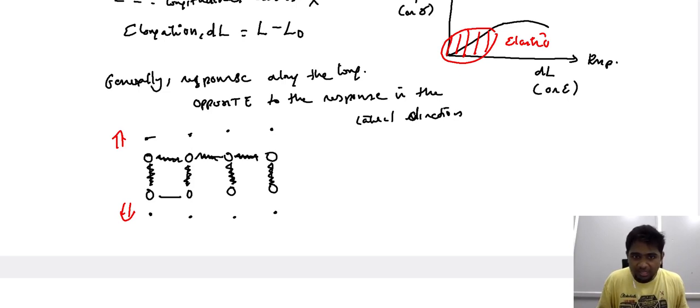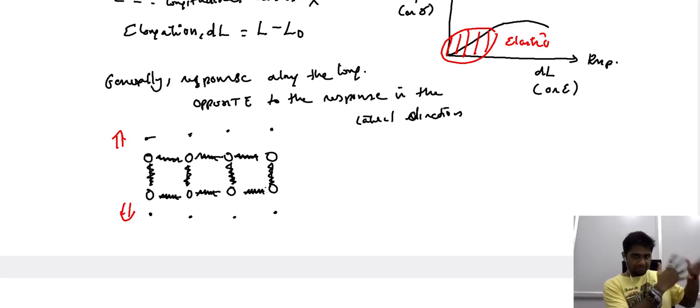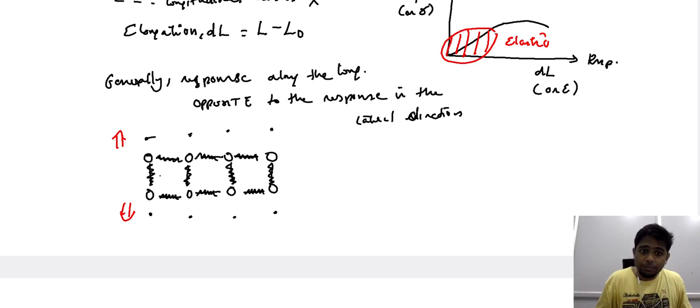So not only in the longitudinal direction do we have bonds, we also have bonds along the lateral direction. Since our focus was on the failure of materials along the loading direction, for uni-axial tensile loading in the previous lectures we considered only the bonds along this particular direction. We have not considered the bonds along the lateral direction.